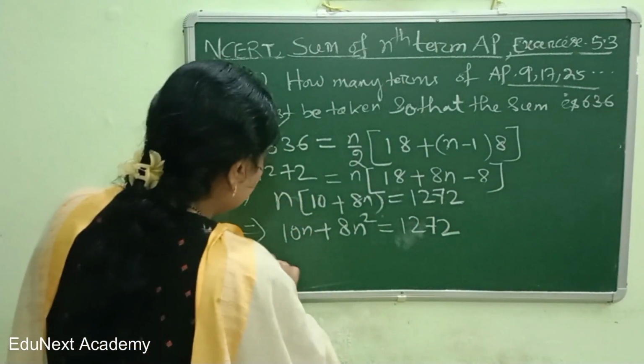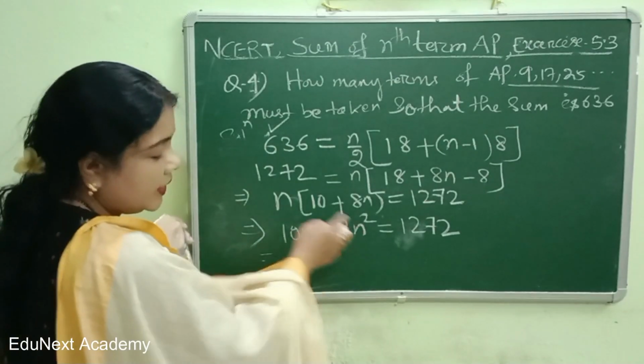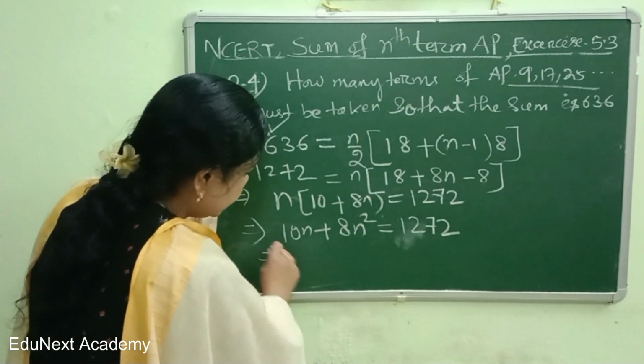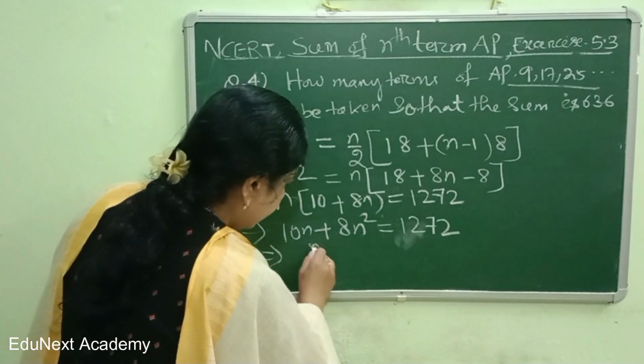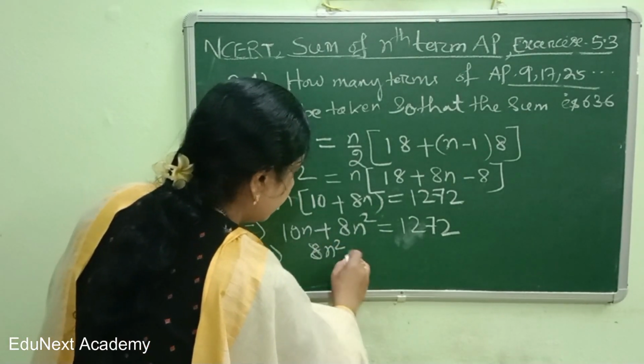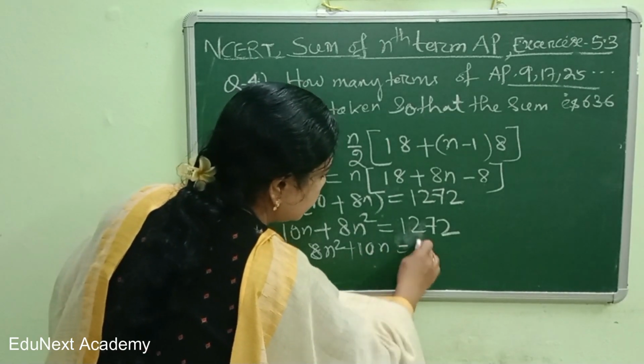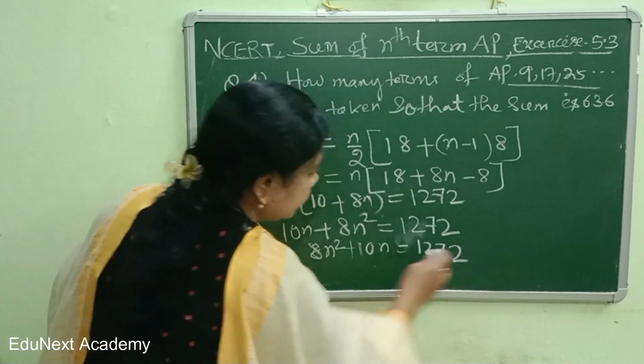Got it? We can rearrange and take the highest power first: 8n square plus 10n is equal to 1272.